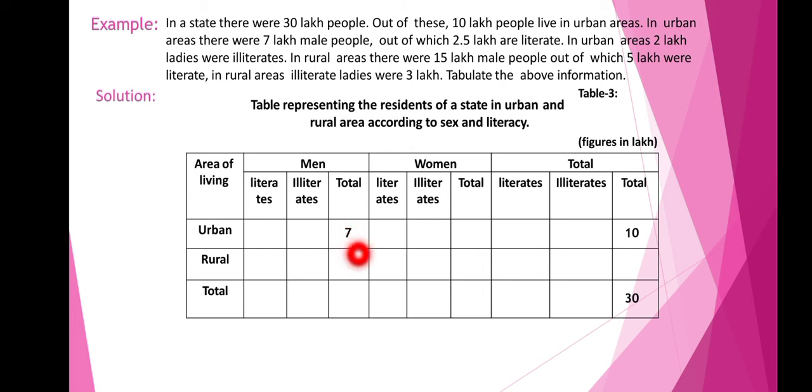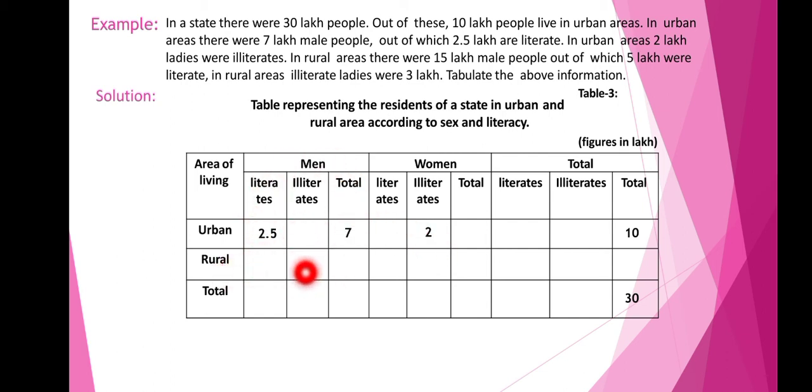Out of which 2.5 lakh are illiterate. And in urban areas 2 lakh ladies were illiterates. So under ladies, in urban area, 2 lakh ladies are illiterates, and we write it here. And in rural areas there were 15 lakh male people, so it comes under male.